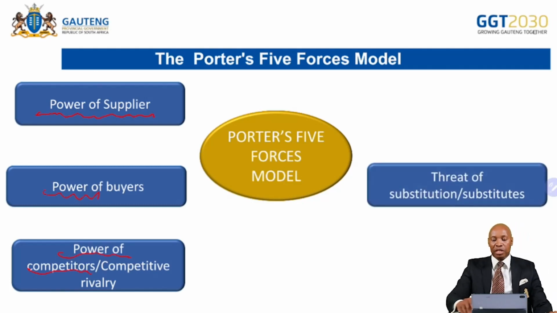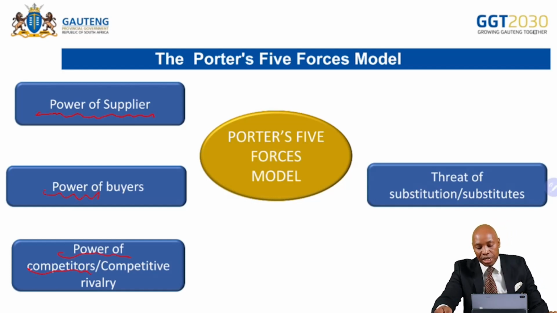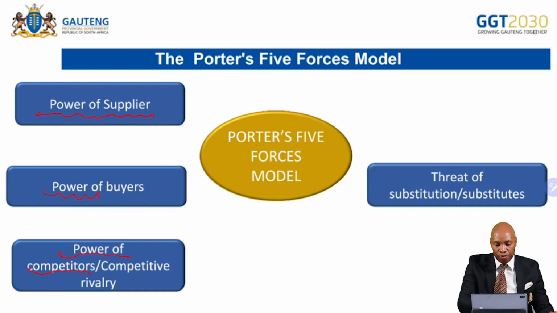Then you have your threat of substitution, or you can say threat of substitute. So, candidates, it's important that you write threat of substitution. Don't put this slash. You choose, either you write substitute or you write substitution. Either you write power of competitors or you write competitive rival. Then you make a choice.